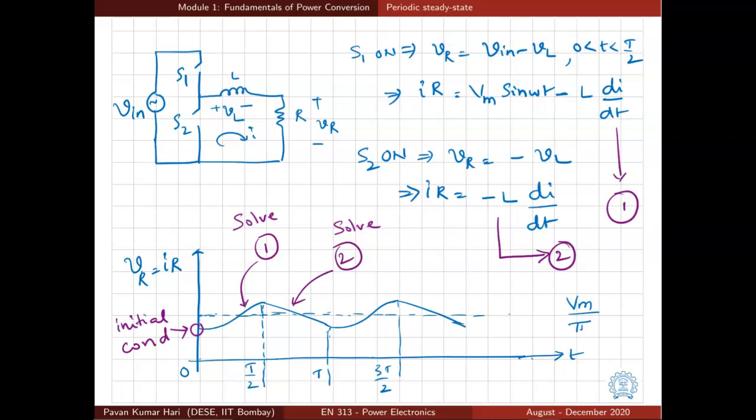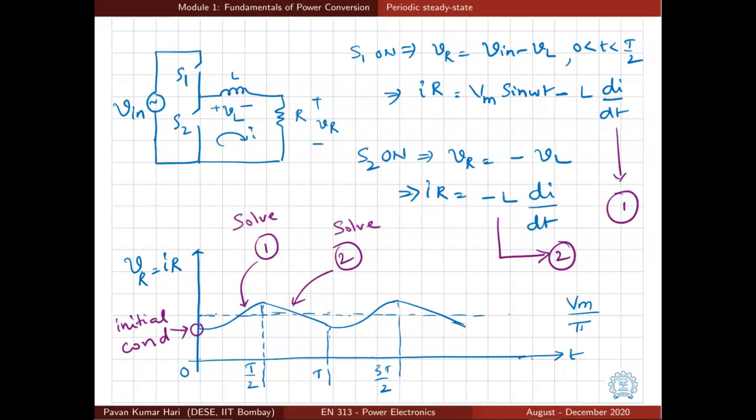And then in the second interval, T by 2 to T, you have to solve another differential equation, IR is equal to minus L di by dt. By solving these two differential equations, you will get I, and then you can multiply by R to get the voltage VR. But if you try to derive these expressions and then get the average value of VR, it's going to be a very tedious process.